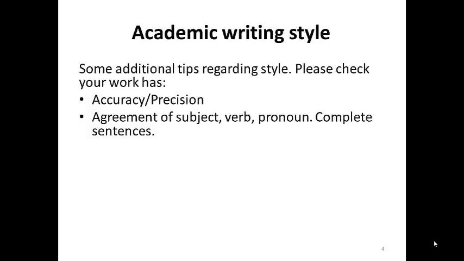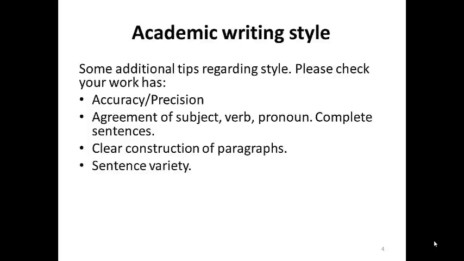The most common problem is number agreement, whether it should be singular or plural, so that's one thing to look out for. There should be a clear construction of paragraphs. Treat each paragraph as a module around a particular main idea. There should be sentence variety to break up the monotony of your writing.